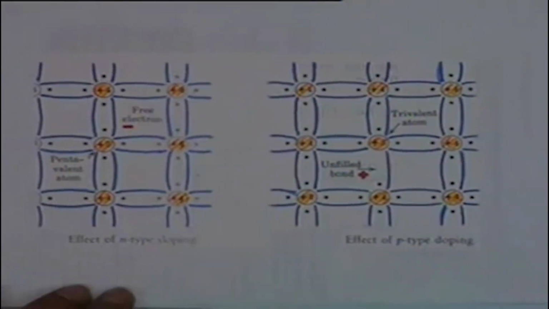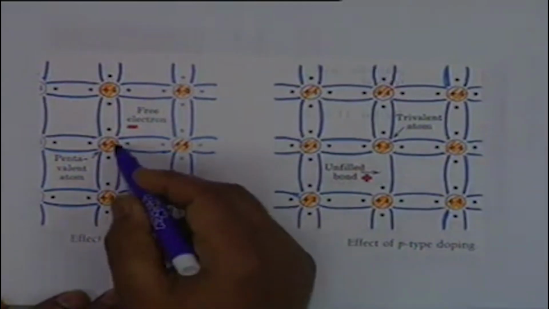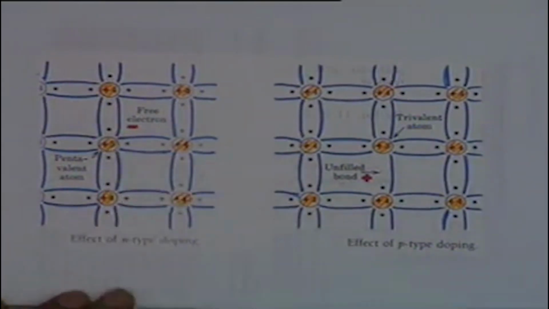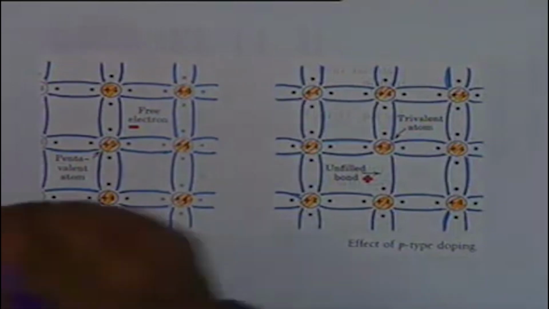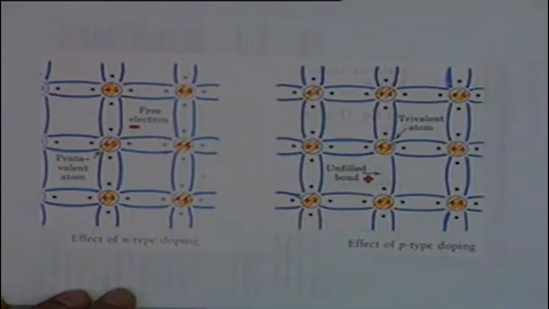Suppose you have a pentavalent impurity, for example phosphorus, let us say, or arsenic. All right. Suppose it is arsenic. Now, arsenic pentavalent means there are 5 positive charges and there are 5 electrons in the outermost shell. So, once it enters the bulk of silicon, it takes up a position where normally a silicon atom should be.